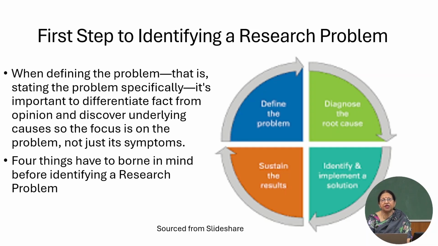This figure has been sourced from SlideShare, because I thought it was a very appropriate way of explaining how to identify a research problem. Four things have to be borne in mind before we start identifying a research problem.